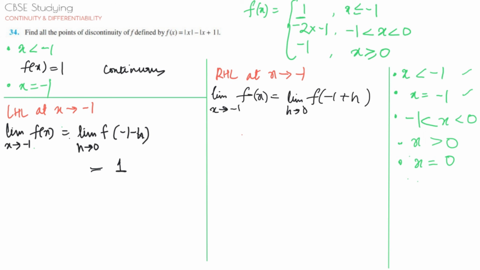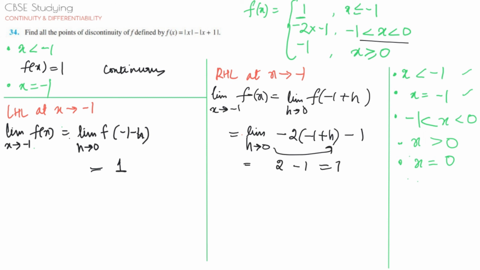Greater than minus 1 means we will choose the values that are between minus 1 and 0. So we are going to take limit h tends to 0 of -2(-1 + h) - 1. So here you substitute the value of h as 0 and you get 2 minus 1, that is equal to 1.